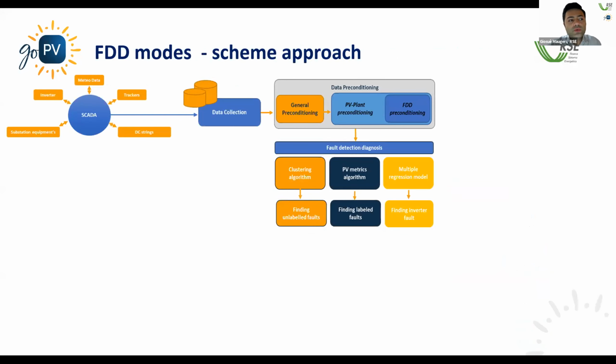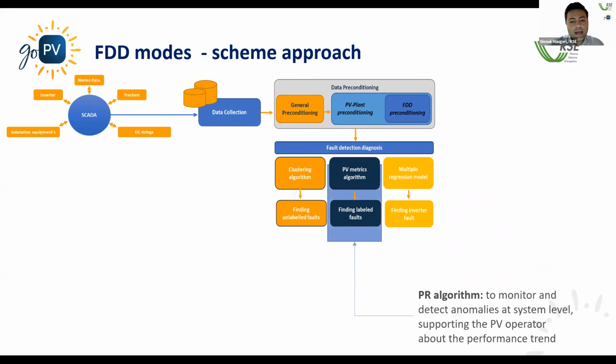So here I show you the scheme of the fault detection and diagnosis approach and the pipeline that it follows. After SCADA collects data in a specific precondition for the specific fault detection diagnosis algorithm, here are the three approaches that have been developed by RSE.